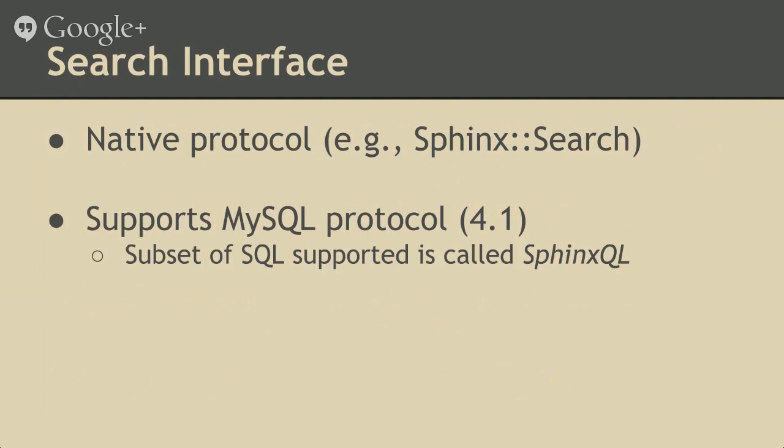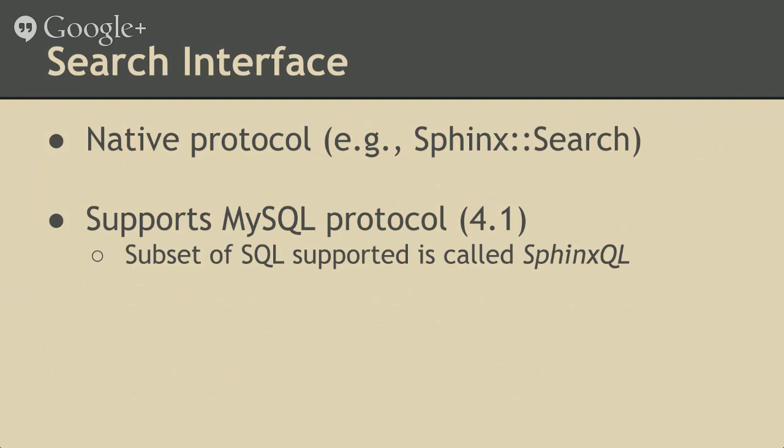For connecting to the daemon, there's this very simplified native protocol, and then it can also basically replace MySQL as a daemon to receive queries. It's a subset of SQL that you can use, and they call it SphinxQL.